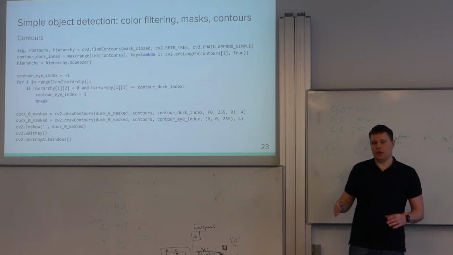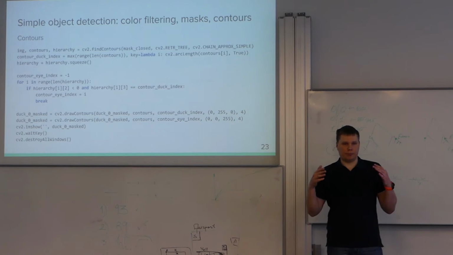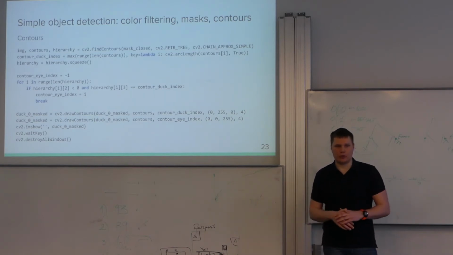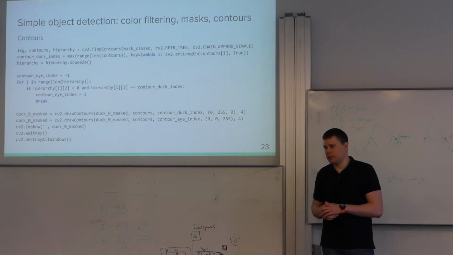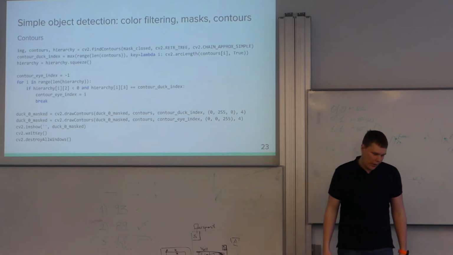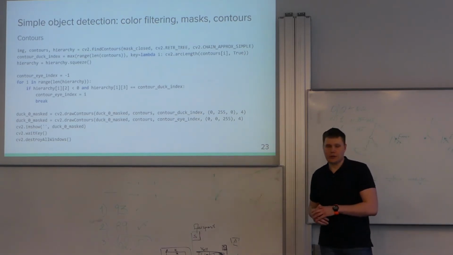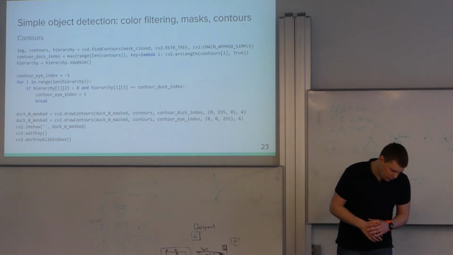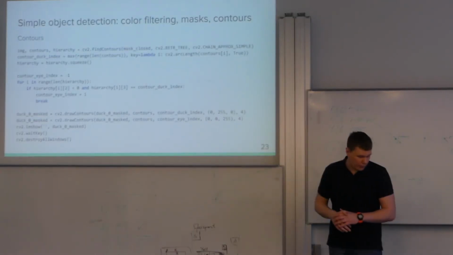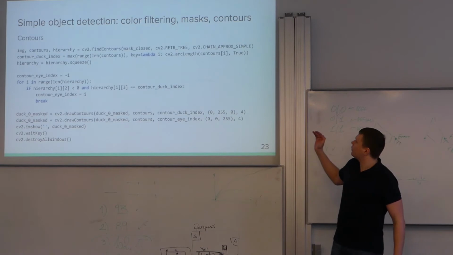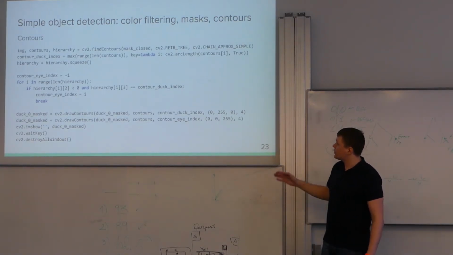So we can just pass our color image to findContours. It returns something we do not want it to return, and we need to somehow binarize our image. Let's look at our sample. We call findContours with some parameters. First, we pass our mask.